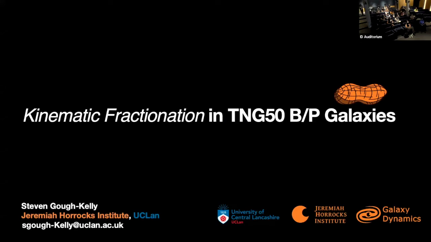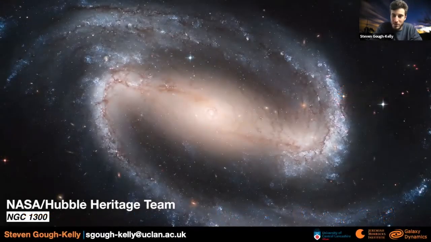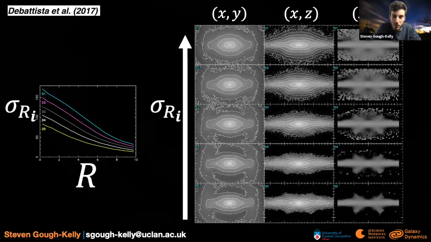Apologies for another one of Victor's students from UCLan, but I will just get stuck right in. Bars have been shown to be primary drivers of secular evolution in the central regions of disk galaxies. In 2017, De Battista et al. showed, using pure N-body models, that populations separate in the presence of a bar depending on their initial radial velocity dispersion.